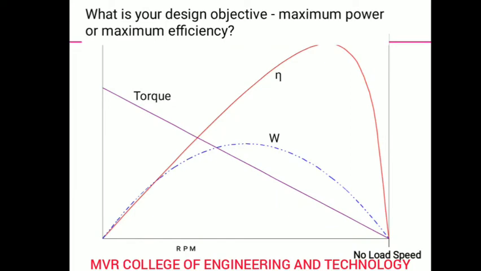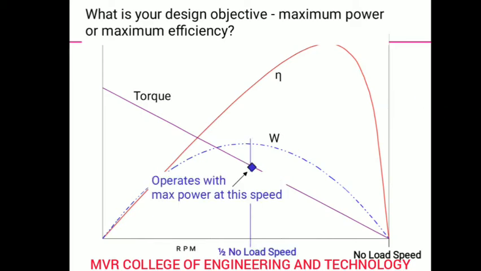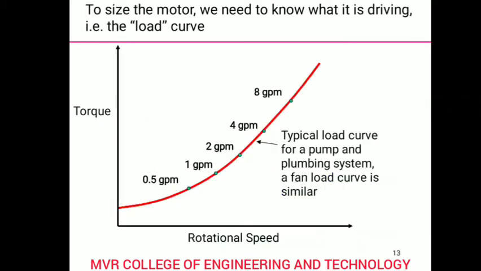So you can see the torque speed characteristics again. In order to achieve the maximum power and the maximum efficiency, the efficiency curves are taken for this PMDC motor, along with the rotational speed. Here you can see the size of the motor. We need to know what load it is driving, and the torque and rotational speed curves.